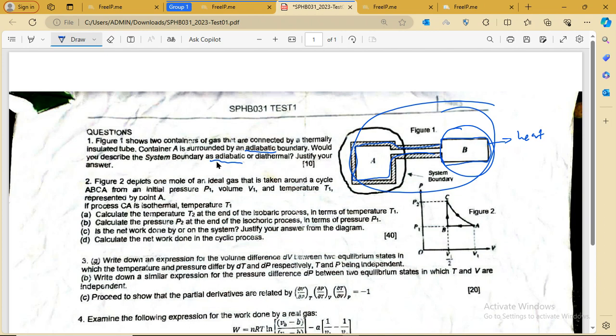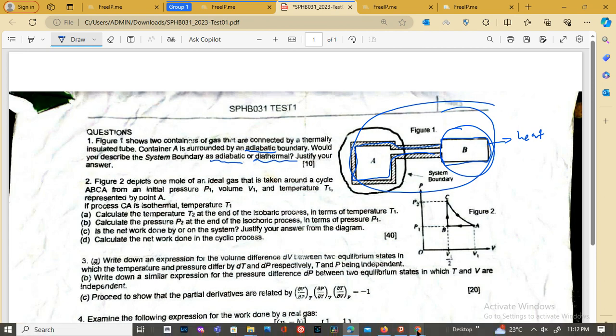Also, you can choose the system boundary thermal, and then you justify your answer. Based on your justification, you'll get your marks. So this is how we are going to do it.